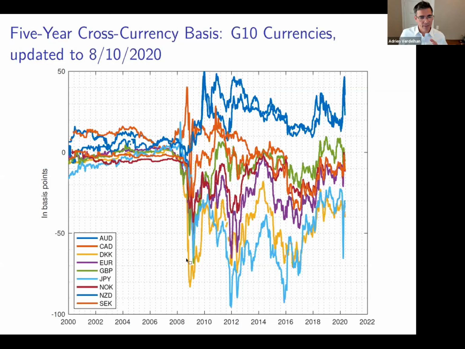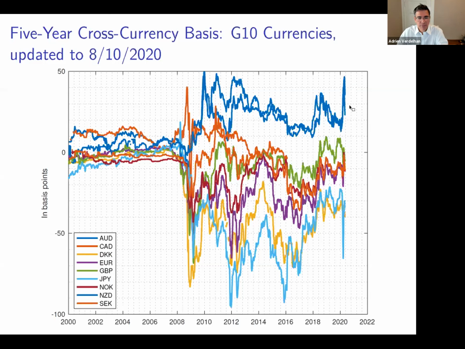So this is a major puzzle. Again, it should not be there. All those CIP deviations should be 0. Clearly, they are not. And if you want to see what happened during the last few months, you have it there. Of course, they did not disappear at all. They actually even blew up a little bit more in March this year.